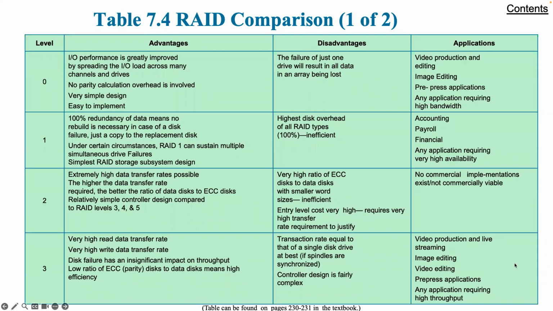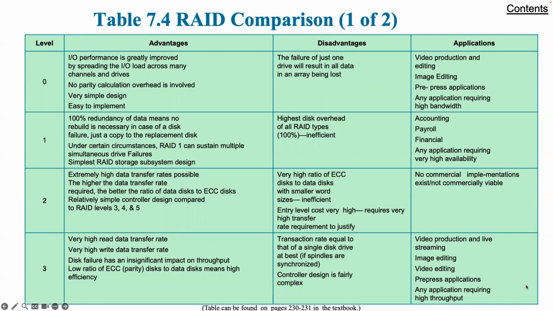We saw those one at a time, and now we have a comparative summary of each of the 7. Since I spent a lot of time talking about the other ones, you can see this later or pause the video, and you have the advantages and disadvantages of an application. Taking a look at those might be of use if you're thinking about doing a RAID implementation.